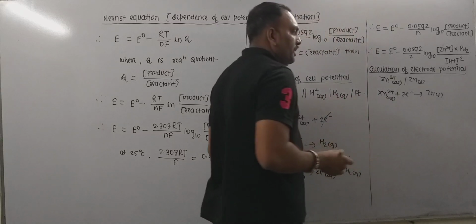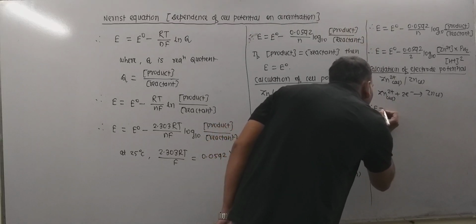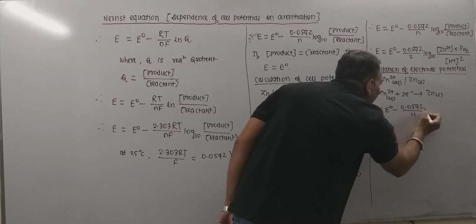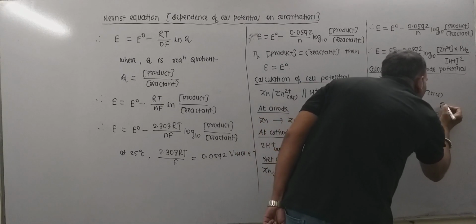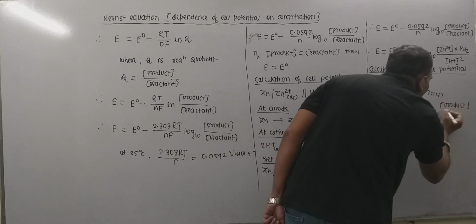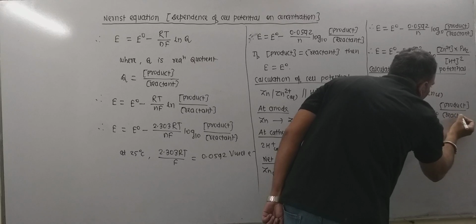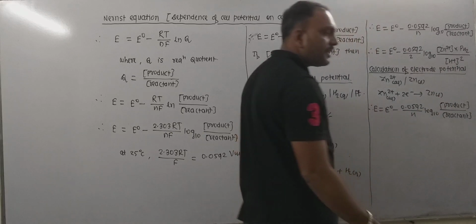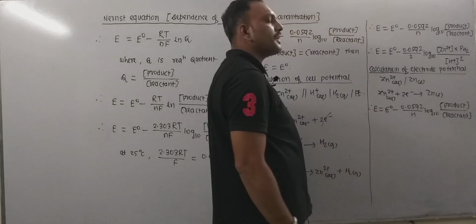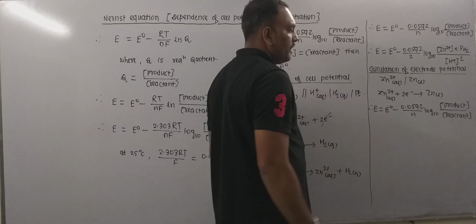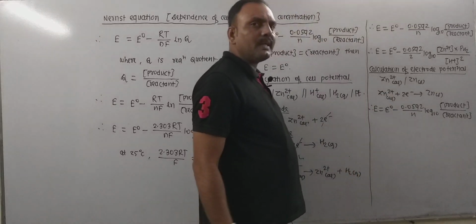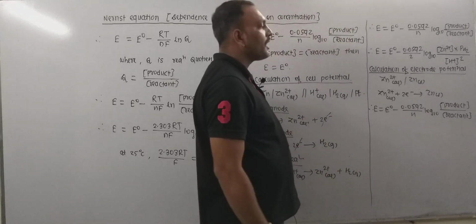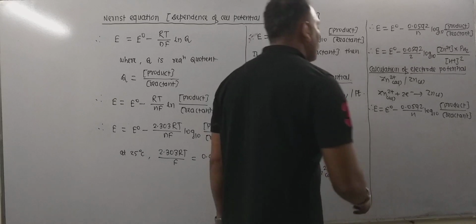Now we know the Nernst equation. So E equals E naught minus 0.0592 upon n log base 10 concentration of product upon concentration of what? Reactant. Now in the electrode reaction, on the product side zinc is present in its pure form, that's why its concentration is supposed to be unity, and on this side the concentration of Zn2 plus should be known in order to calculate the electrode potential, and 2 electrons are involved in the process of reduction.